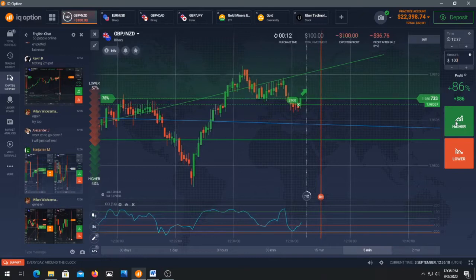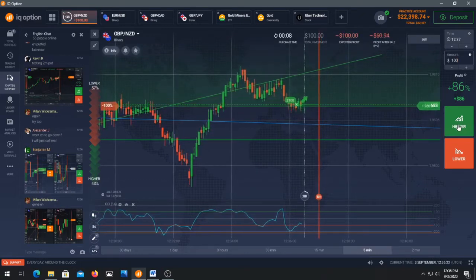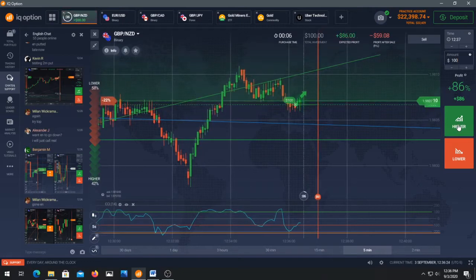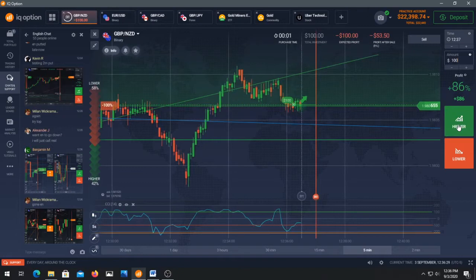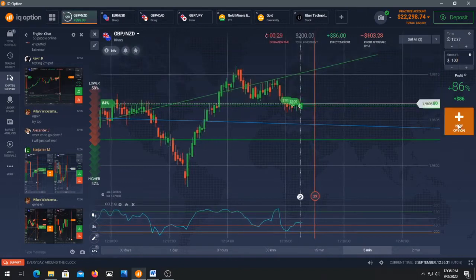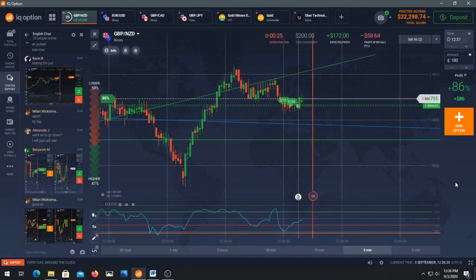Well, this has gone lower than my entry. Another thing is also, if you're sure of your entry and it ends up lower, then you can always put in another one, just because you're certain that it's going to end up above your entry.